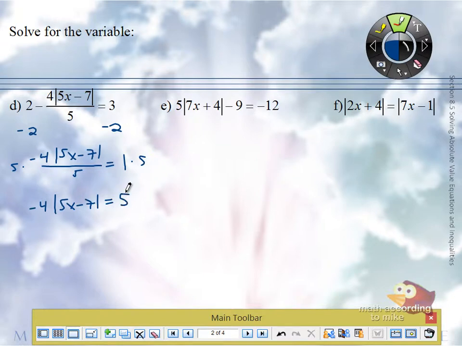That'd be too much. We could divide by 4 and then multiply by 5. Correct. And then we could divide by -4.